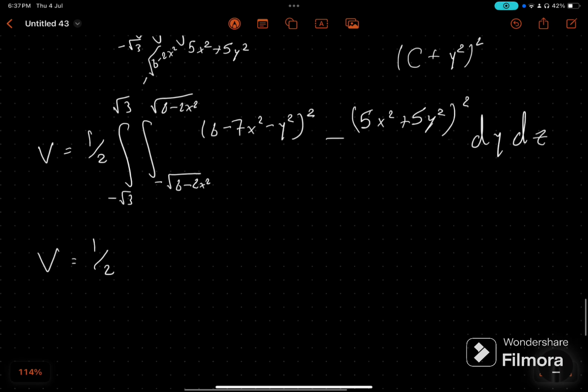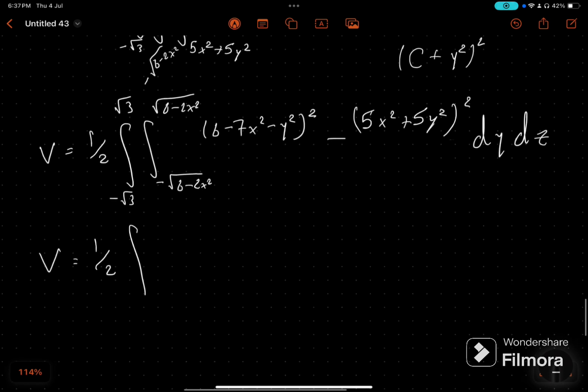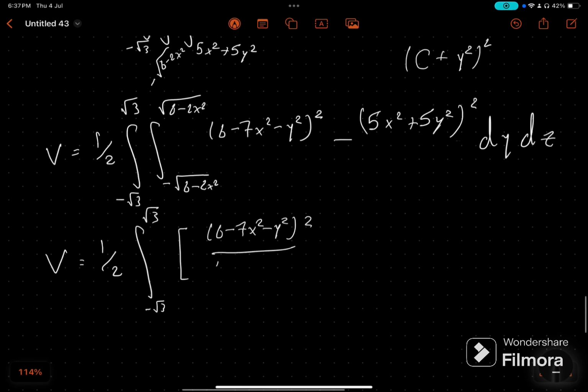Yes, we can expand the brackets, but I want to try this. Let's see if it works. I'm going to do something like 6 minus 7x squared, I'm not sure this will work, over 2 times minus 2y.